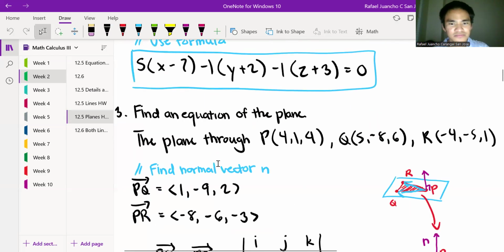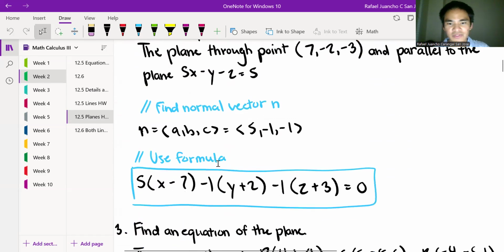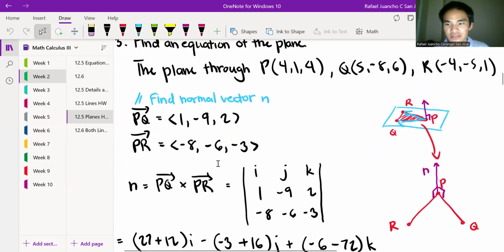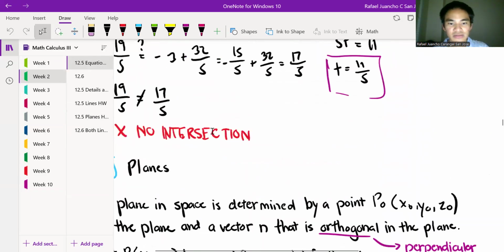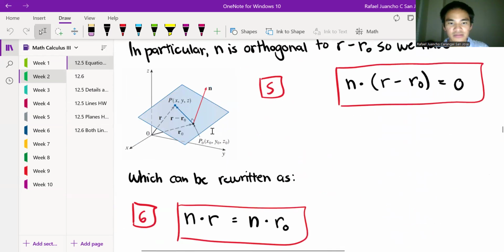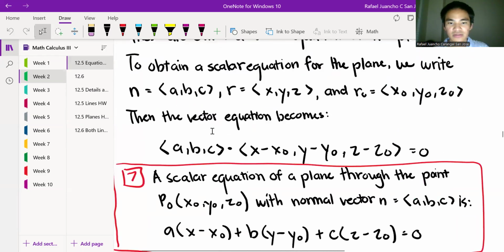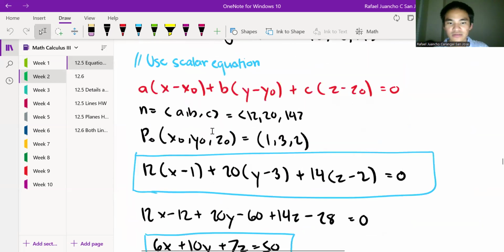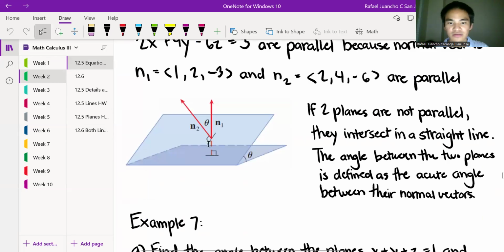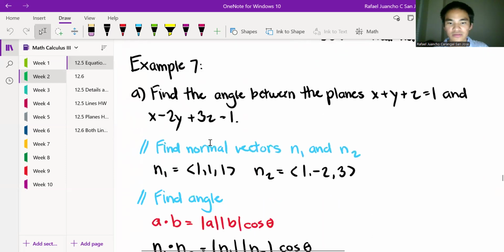So the way to visualize, actually, I don't know. Let's see. So for planes, okay. No, for intersection, maybe. Okay. No visuals yet.